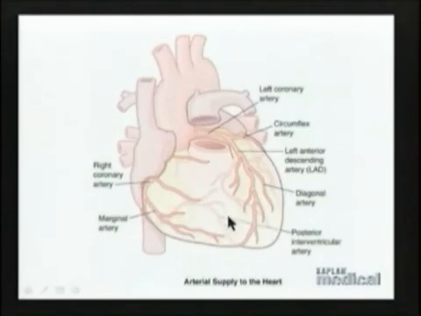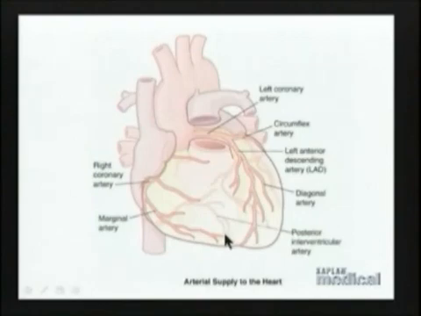So again, we have the opportunity for anastomosis between a branch of the right coronary and a branch of the left coronary. So the same situation obtains. Partial occlusion of one artery can be overcome by the communications so that the other artery can take over. Okay? That's the arterial supply.